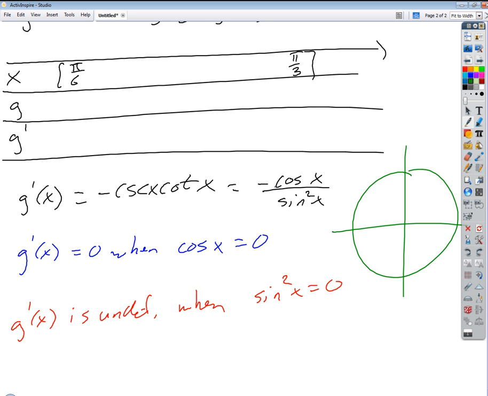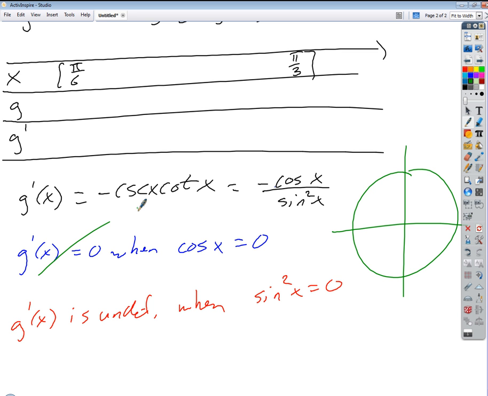Does pi over 2 fall in that interval? It doesn't. So there are no places on our function where the first derivative is equal to 0.